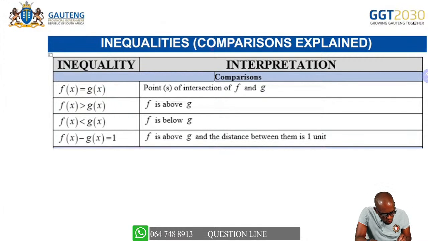Now what we are doing is we are comparing f and g. In order to compare two quantities or two functions, you need to know where they were equal first. For you to know which one is ahead or which one is above the other, you need to know first where they were equal.